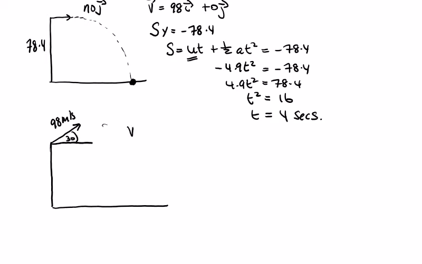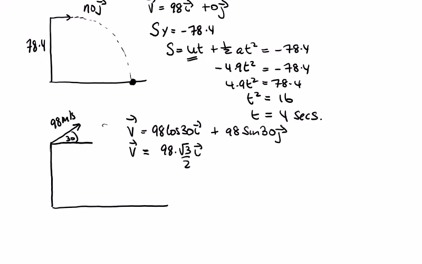So my initial velocity vector is going to be 98 cos 30 in the i direction plus 98 sine 30 in the j direction. Now the cos of 30 is root 3 over 2, so the initial velocity is equal to 98 by root 3 over 2 in the i direction plus 98, and the sine of 30 is a half, in the j direction.